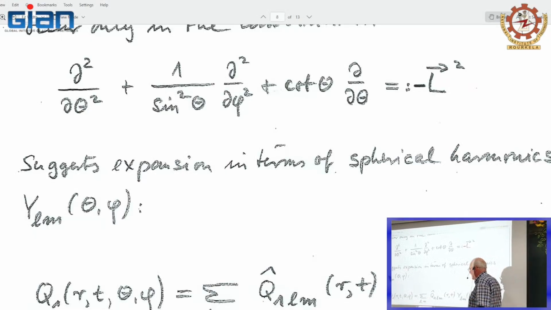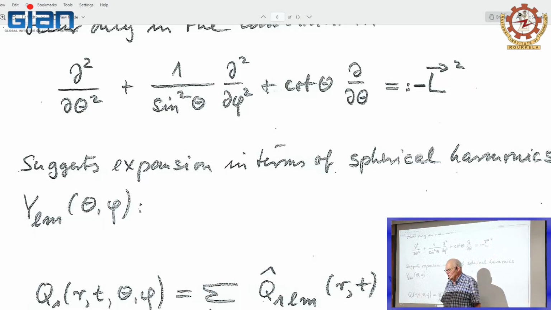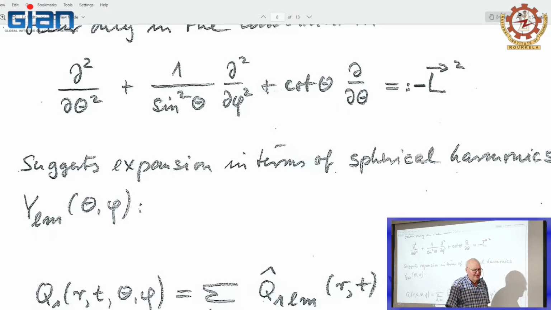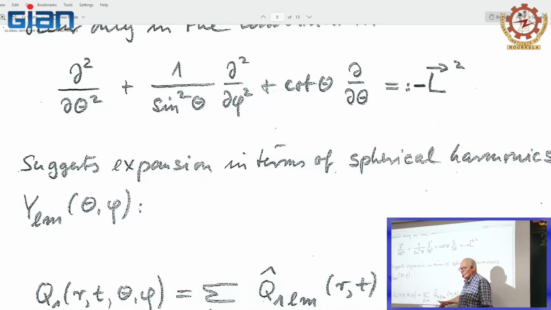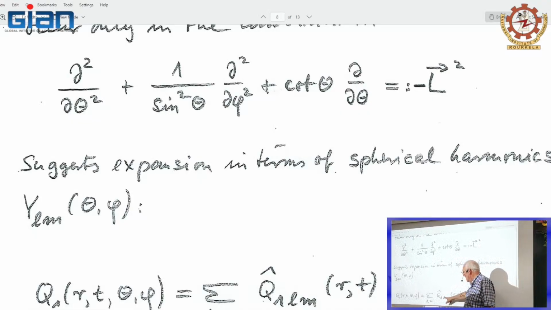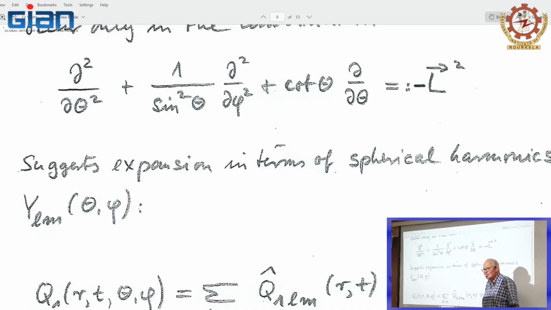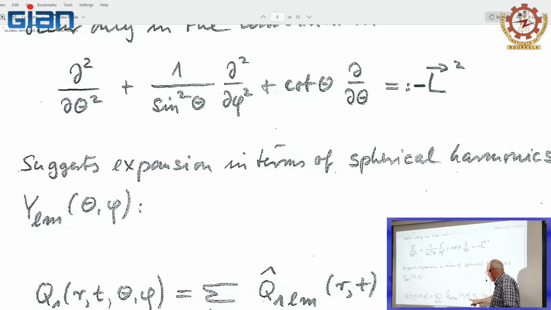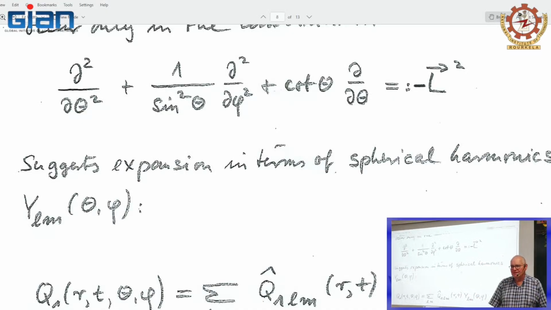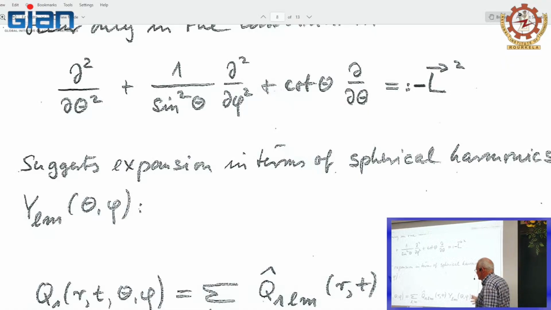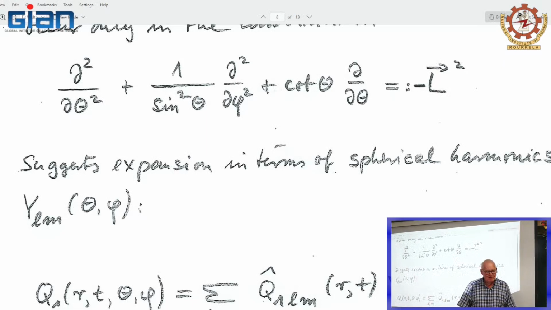So we may represent any of our perturbations, Q1 or Q tilde, as a function of r and t and theta and phi as a sum over coefficients Q1_LM. These have subscripts L and M, meaning that these only depend on radius and time, times the spherical harmonic Y_LM only depending on theta and phi. And this is to be taken as an infinite sum over the indices L and M. So what did we achieve by writing it in that way?